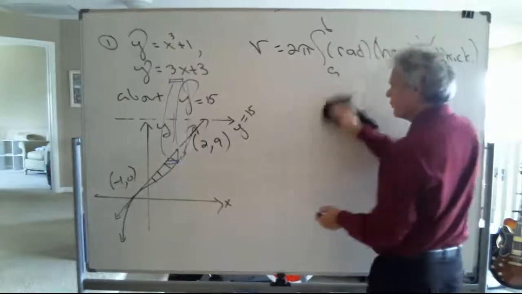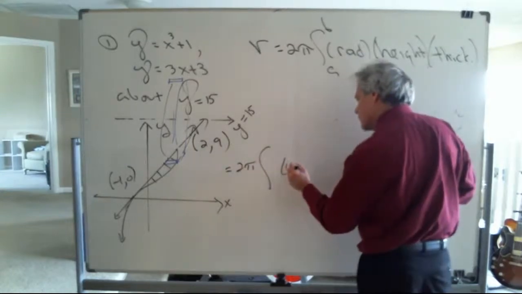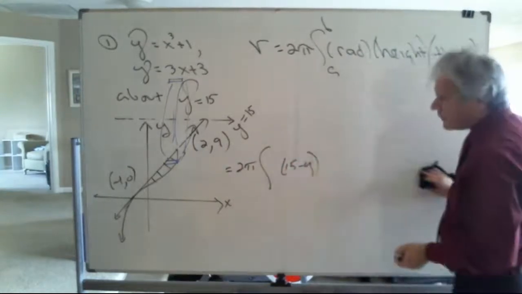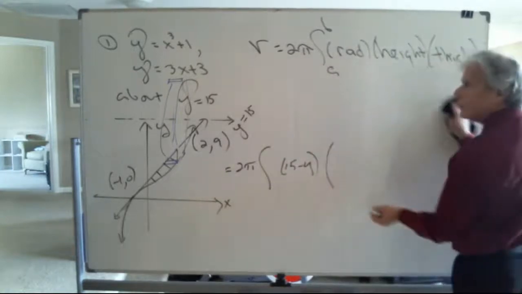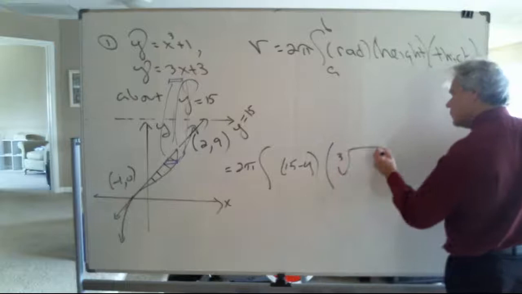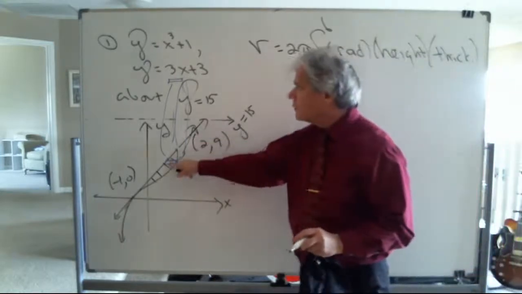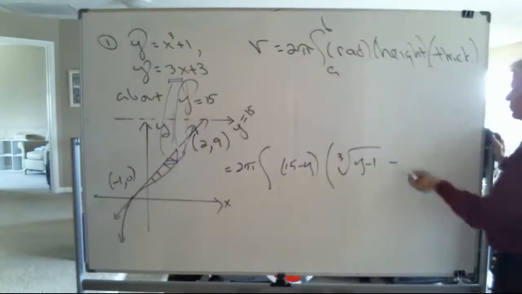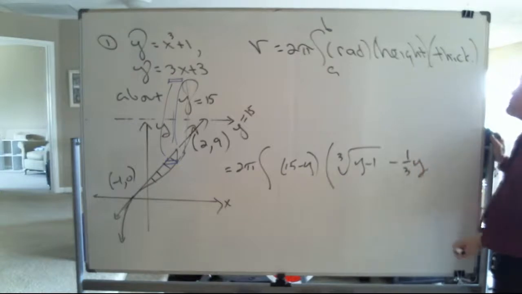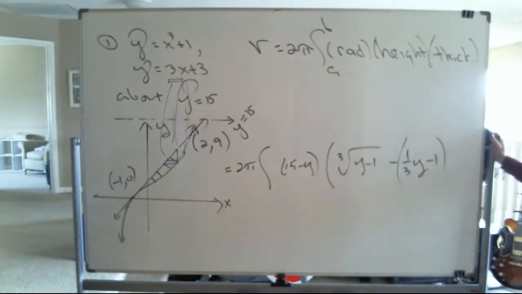So the height of the cylindrical shell is this x value right here, minus the x value on the line, described in terms of y as such. And of course, we're integrating with respect to y.